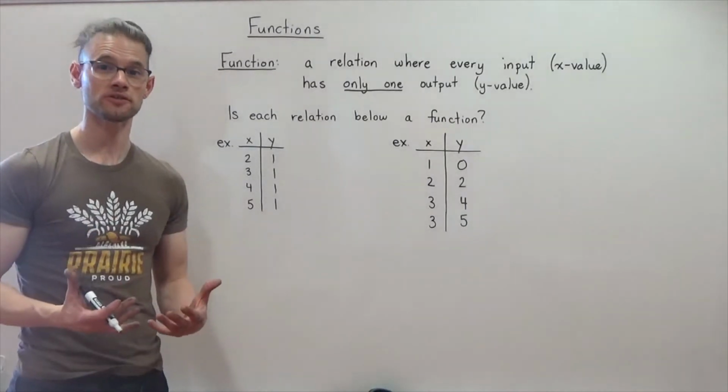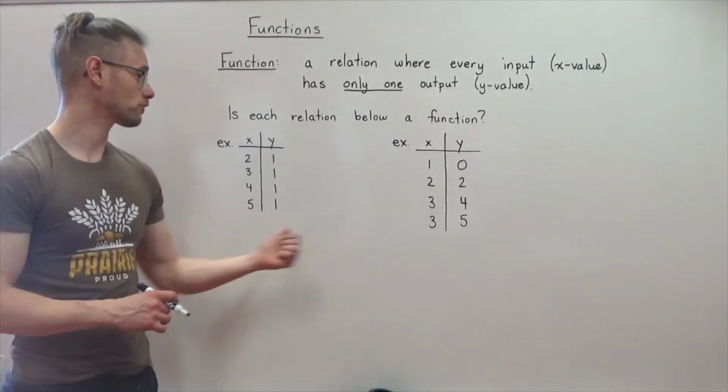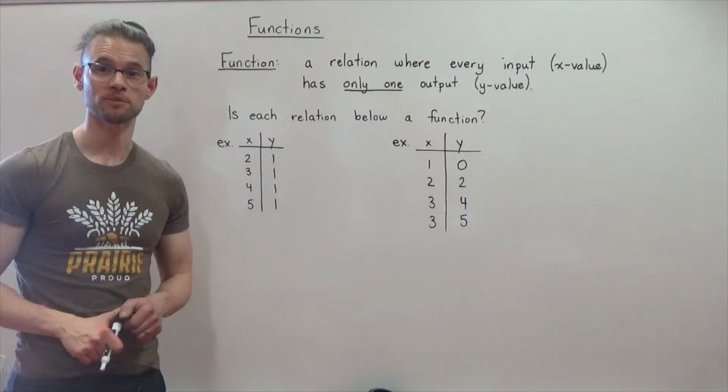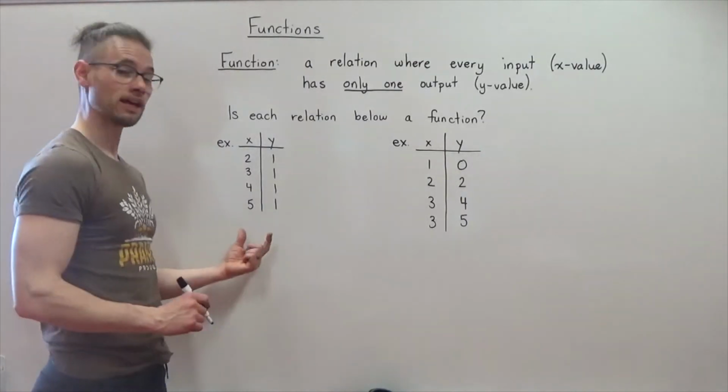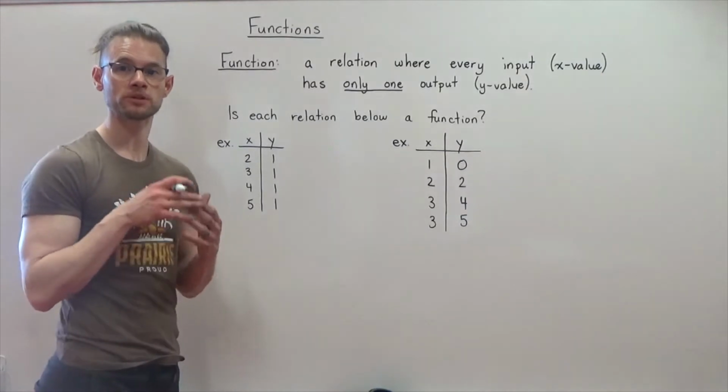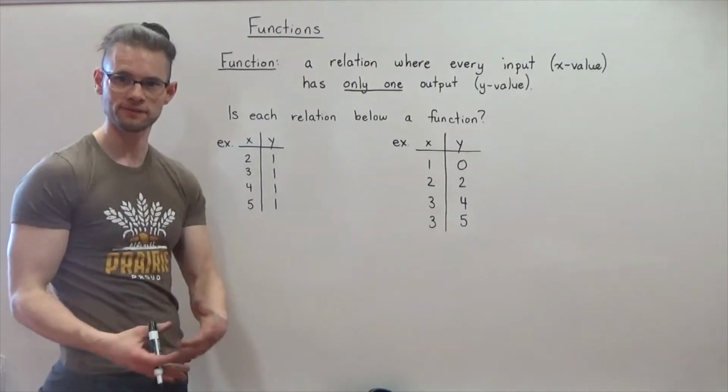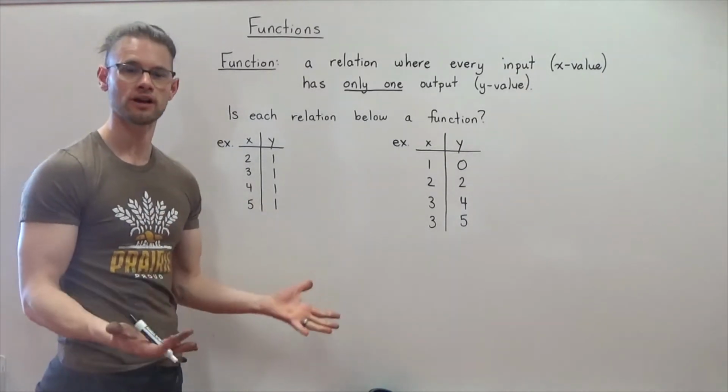So to test your understanding of what we just looked at, why don't you pause the video and try these two examples. So for this one, again, we need to be comfortable moving between tables, sets of ordered pairs, arrow diagrams, graphs.